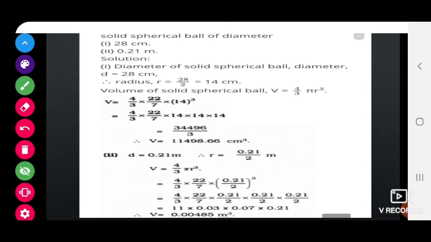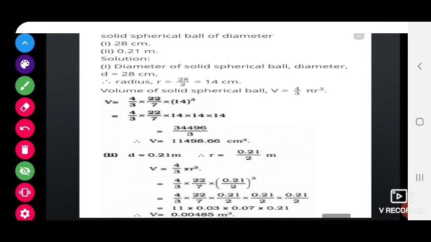First they have given the diameter, so first we have to find the radius. How do we find the radius? Radius r is equal to 28 by 2, that is 2 ones are 2, 2 fours are 14. So we will get radius as 14 centimeter. Then the volume of the solid spherical ball is 4 by 3 pi r cube. So 4 by 3 into pi as 22 by 7 into r cube, that is 14 cube.